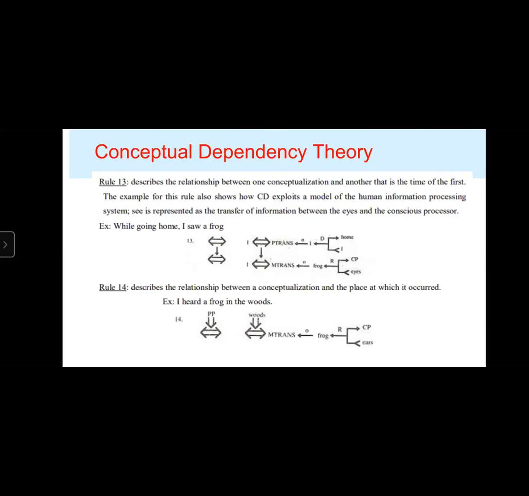Many verbs may fall under different primitive acts and it becomes difficult to find the correct primitive in the given context. The CD representation becomes complex, requiring a lot of storage for many simple actions.